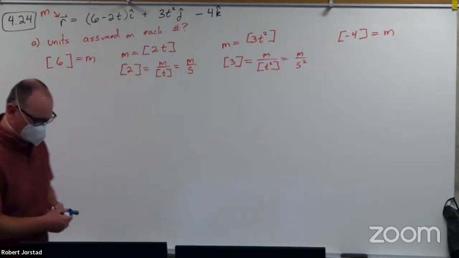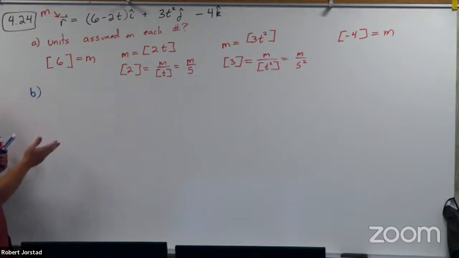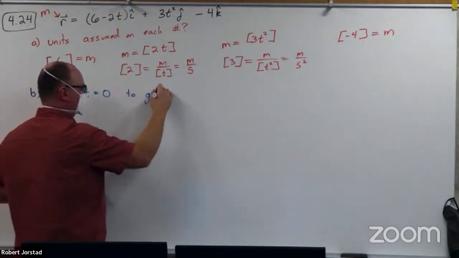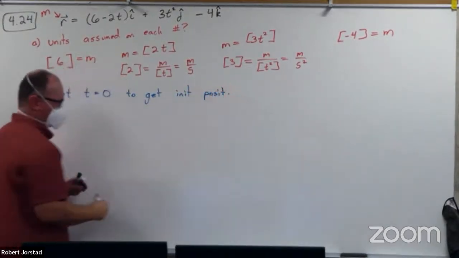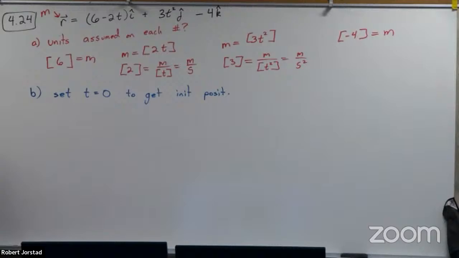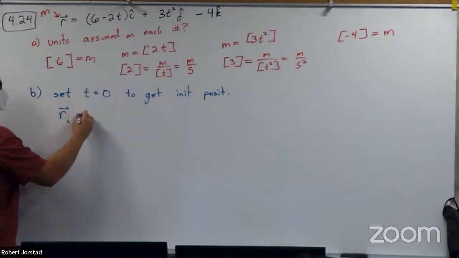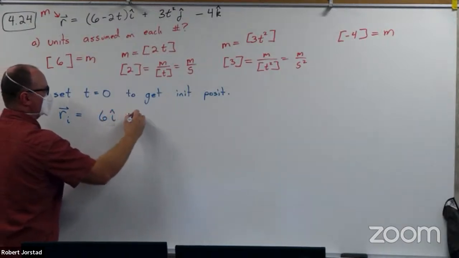Part B, what is the initial position? Don't overthink it. If you wanted to get the initial position, t equals 0. So initial position just means position at time t equals 0. So what do you get? 6 plus 0 minus 4.